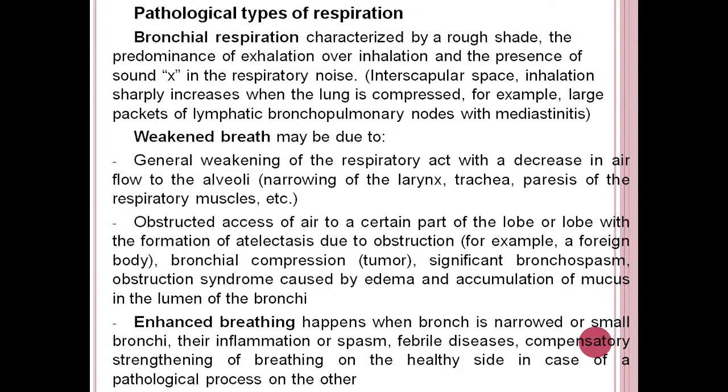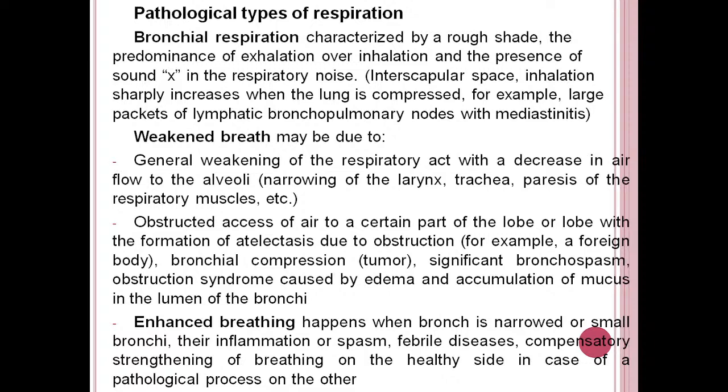Pathological types of respiration. Bronchial respiration is caused by a broad shade that predominates in exhalation over inhalation and the presence of the sound X in the respiratory noise.